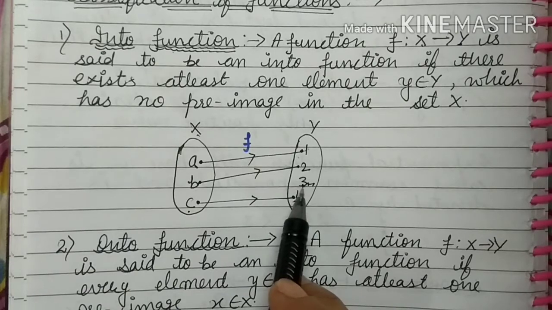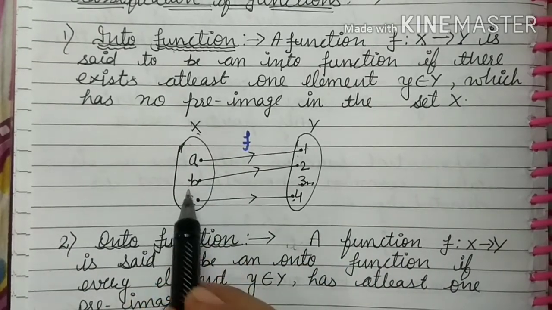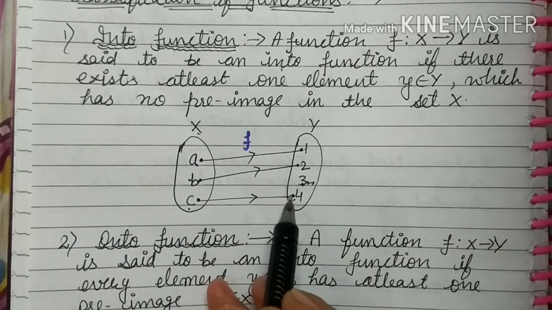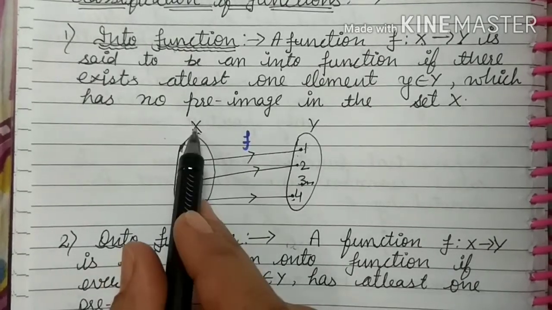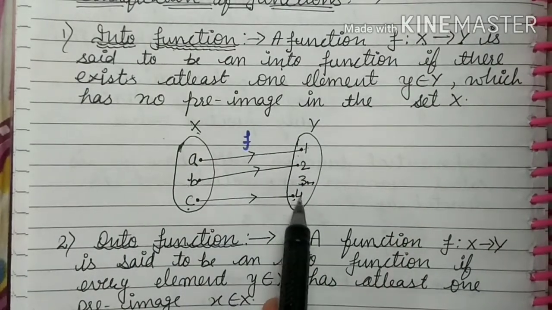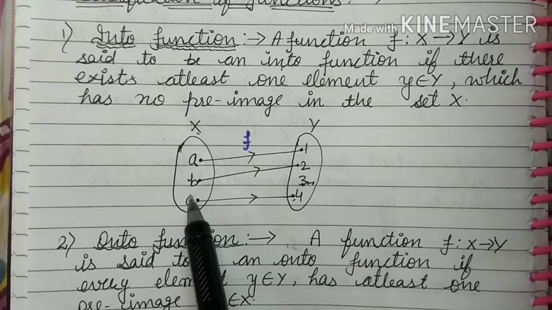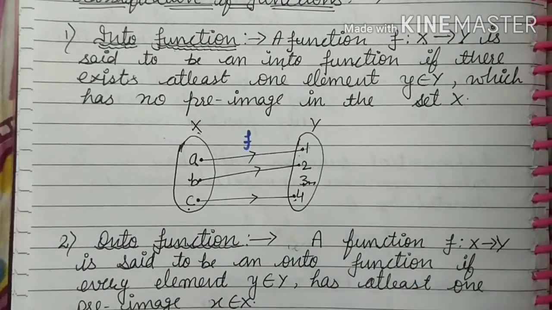But one thing I want to say is that no element in X should be left without any image. In the first set there should be no element that has no image, but in Y one element can remain which has no preimage. This is called an into function.